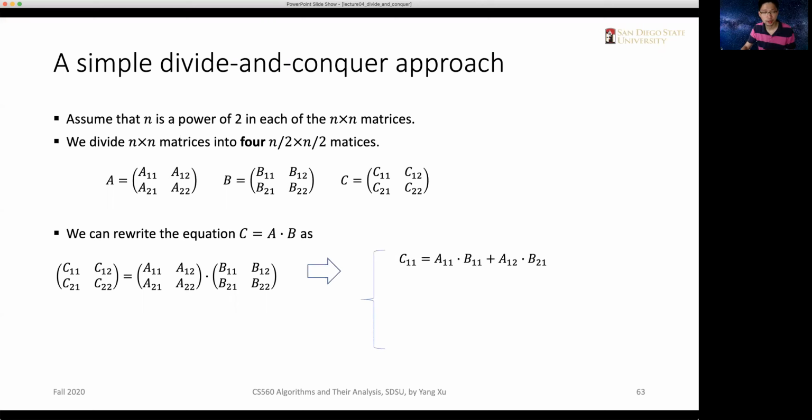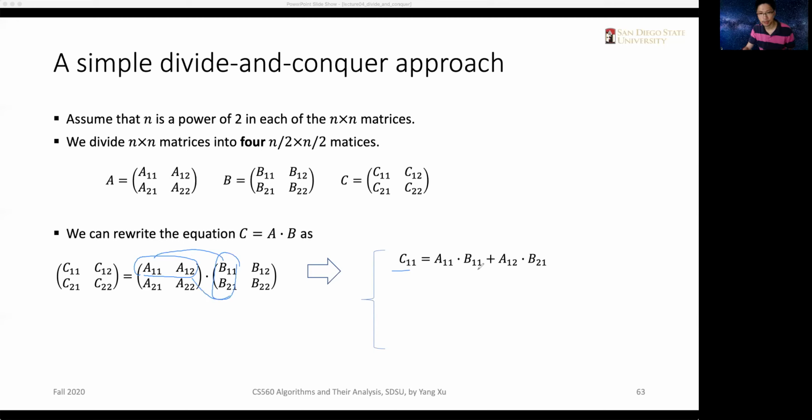Okay, so C11 is the result of taking the first row in A and computing the dot product with the first column in B. A dot product means that we multiply A11 with B11, plus the result of A12 times B21.